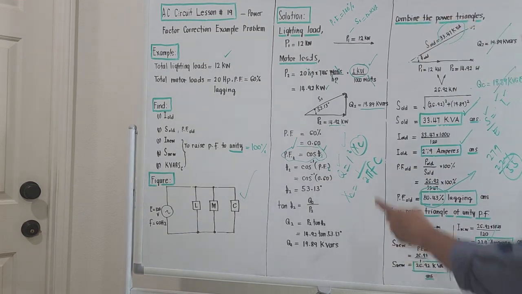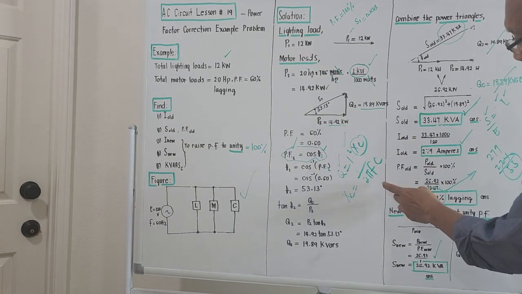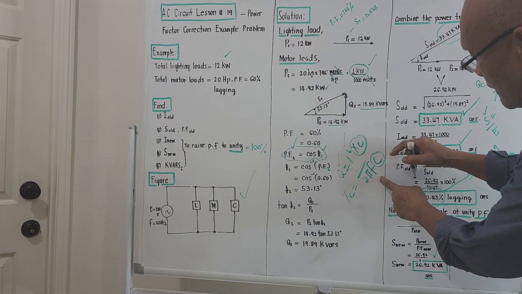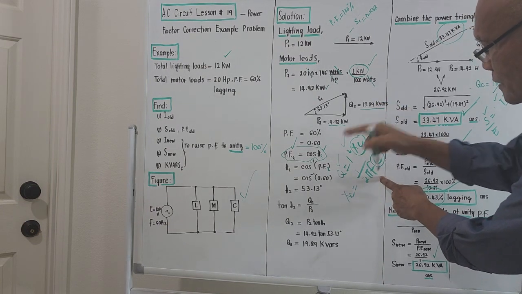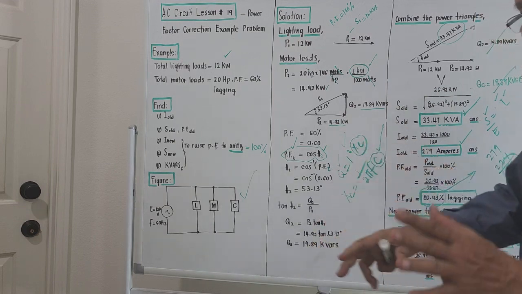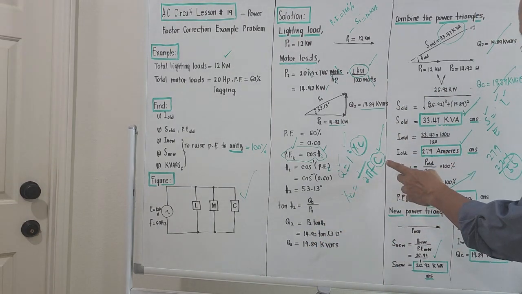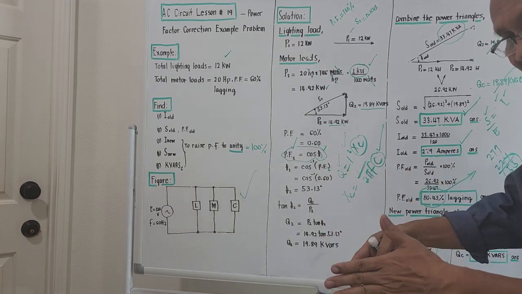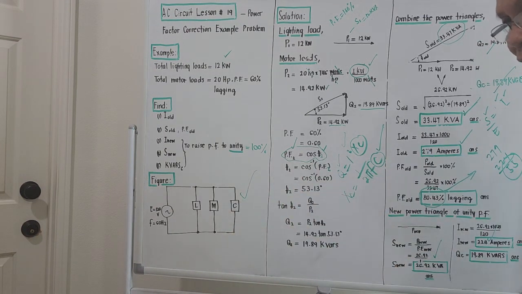If you know X sub C and the frequency, we can compute for the required capacitance of the needed condenser. So if you buy it from Amazon or online, you can specify the capacitance of that condenser and buy it.